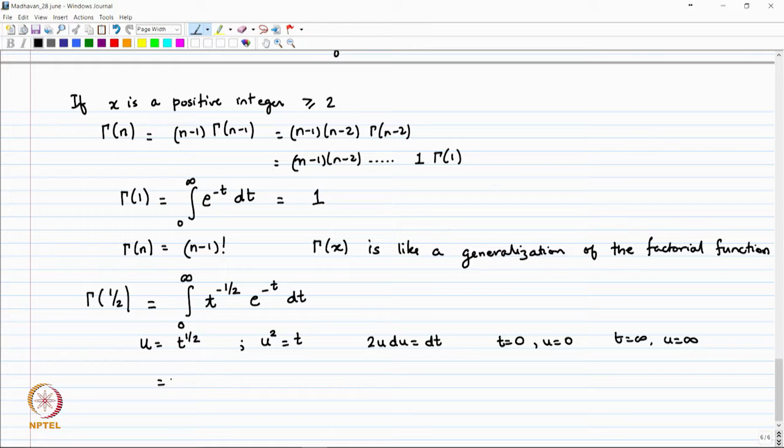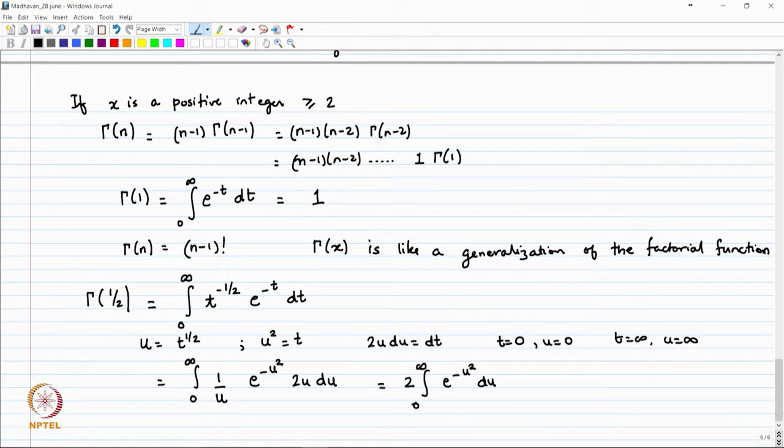So the integral becomes the integral from 0 to infinity, where t raised to minus half is 1 over u, e to the minus t is e to the minus u squared, and dt is 2u du. The u will cancel, and you get the integral of 2 e to the minus u squared du from 0 to infinity.